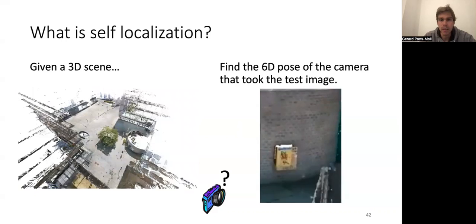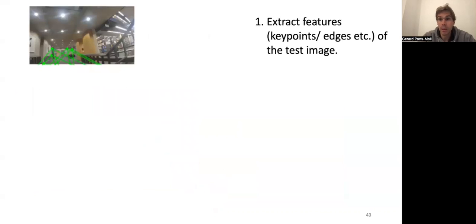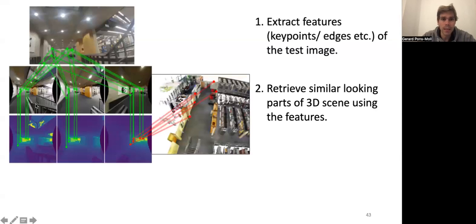So how do we solve this problem? In computer vision, this is typically addressed using three steps. One is you have to extract distinctive features, based on deep learning. These might be key points, edges, and so on of the test image. Typically, key points are most of the time used. Then you consider your 3D scene, which itself was, for example, reconstructed using a scanner that uses multiple views of the scene.